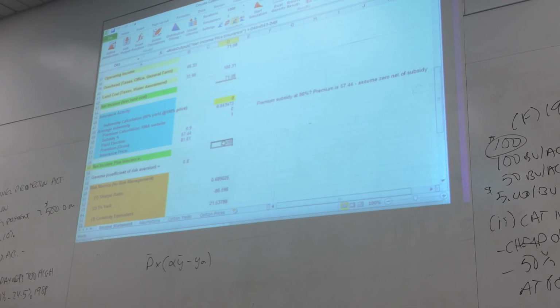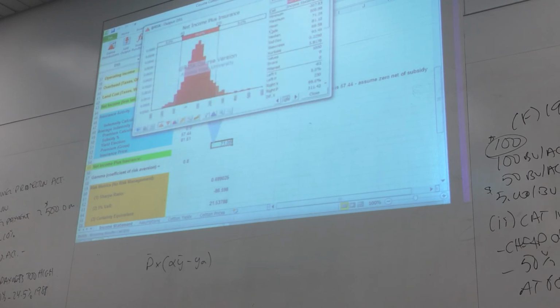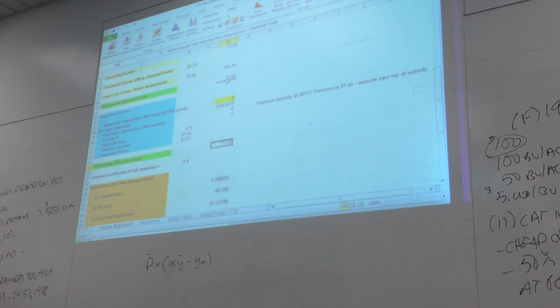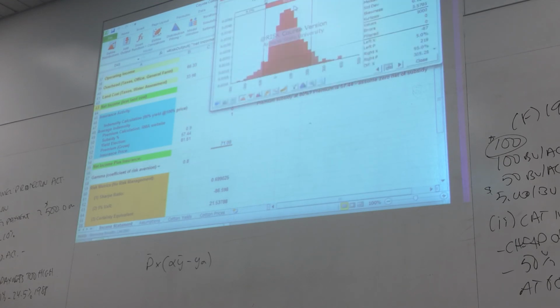Net income plus insurance, we have to go to, let's see, browse results. We can go to net income plus insurance to see that the mean there is actually 7129. And the mean here, net income, mean is 6465.